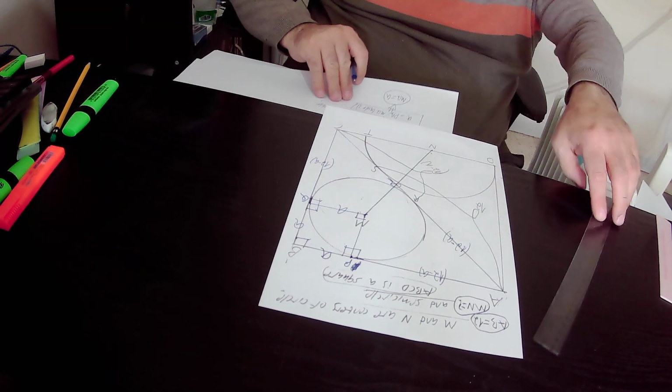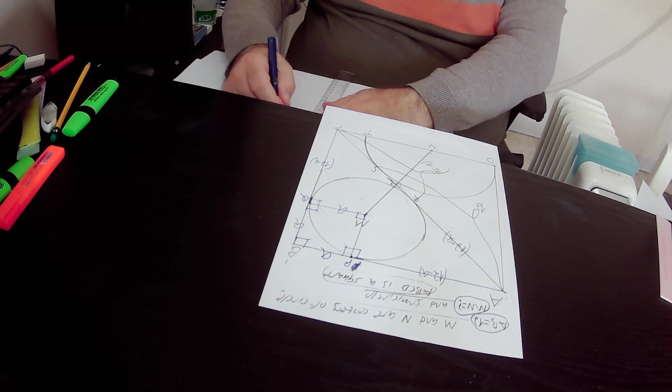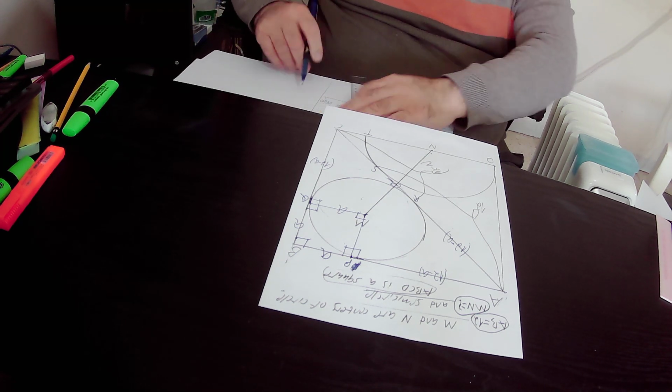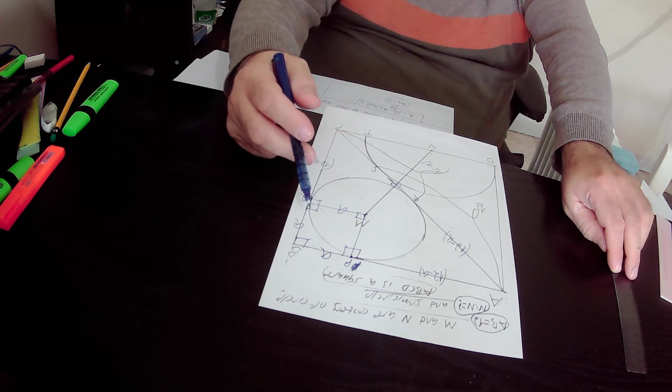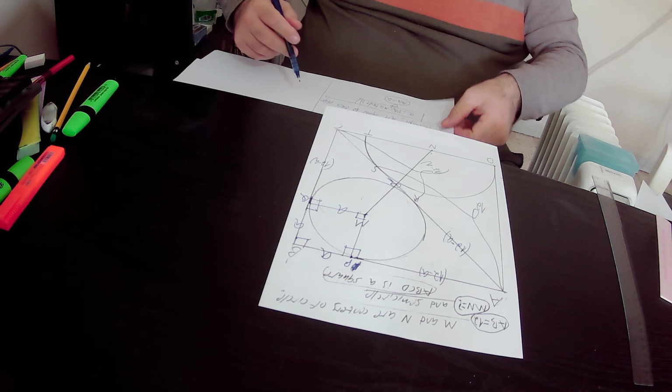Likewise, according to rule number 3, we get that in rectangle PBMQ, BQ is equal to PM.